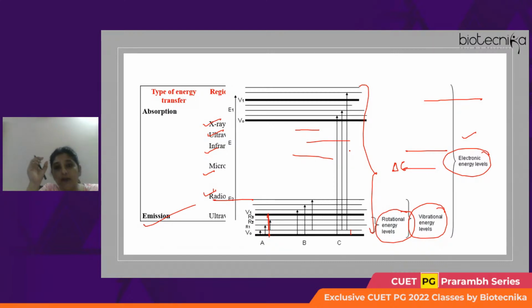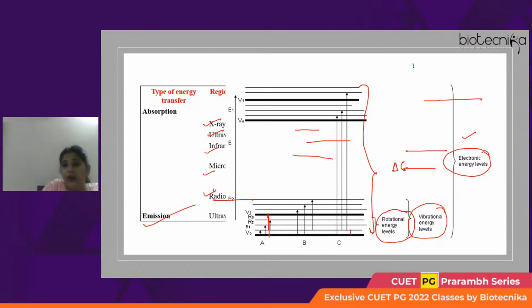So obviously you have to provide radiation which has that much energy, which can cause the transition of an electron from one energy state to another. UV visible region has this much energy that can cause this transition to take place.